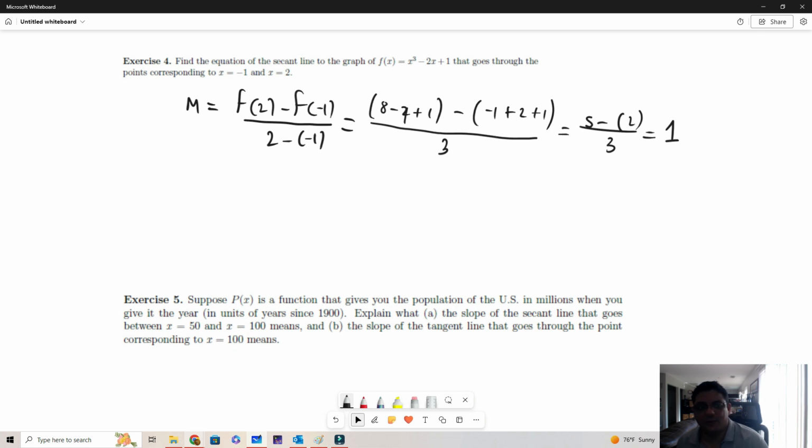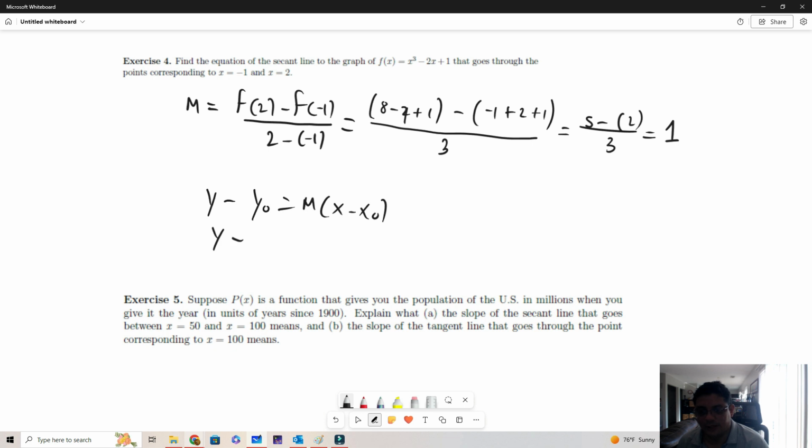Okay, now once you have the slope, you have to remember that the equation of the line is y minus y0 equals m times (x minus x0), and the y0 can be anything here. For example, we can pick f of 2 as y0.